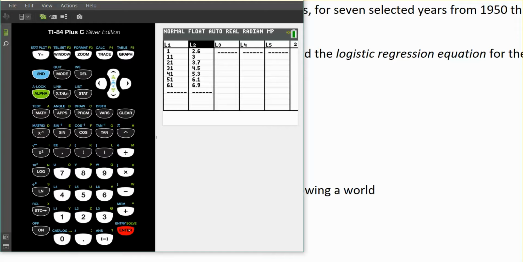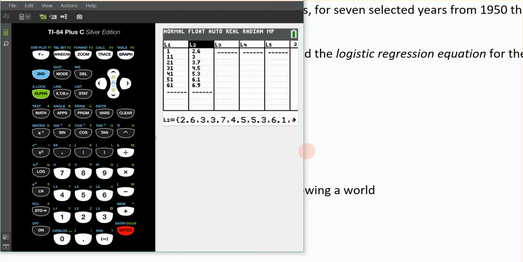So since my data is already in there, I can choose a window for this. I'm not being specifically asked to graph it, but it is a good thing to check your equation against the points that you're plotting. So we're going to go ahead and graph it anyway.